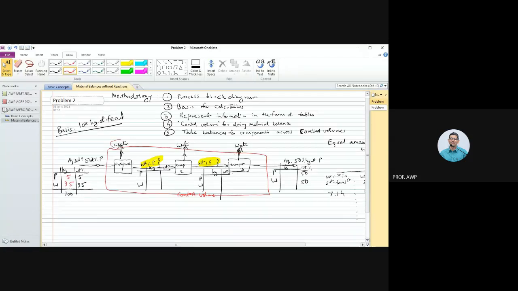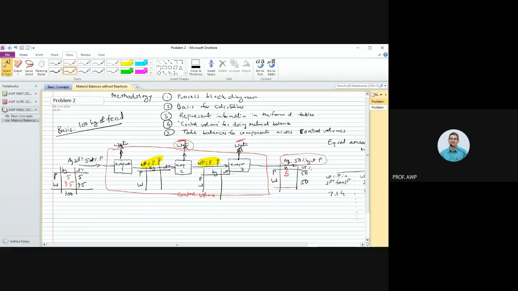Sorry, not sodium chloride, in this particular case it is P. No P is going out in this stream, no P in this stream, no P in this stream. So all the P must be going out from this 50% by weight stream, and therefore the P going out of that stream is 5 kgs.